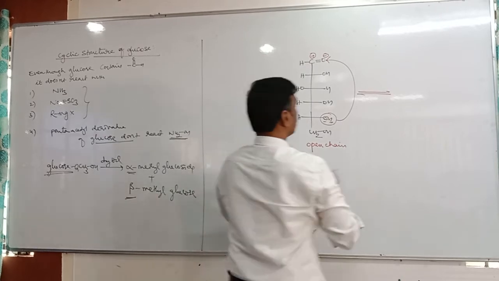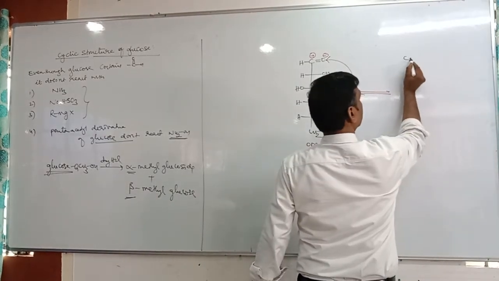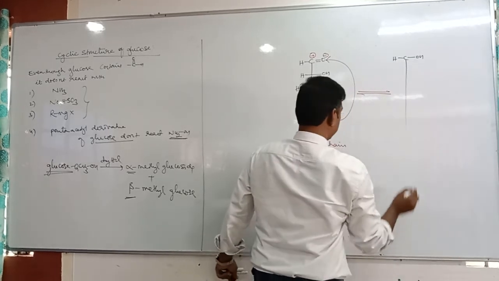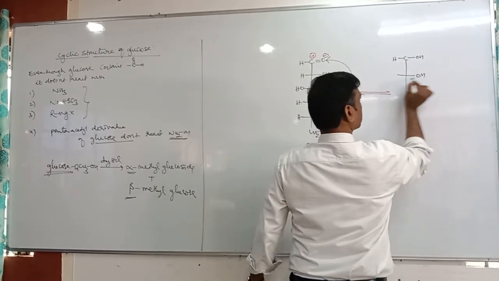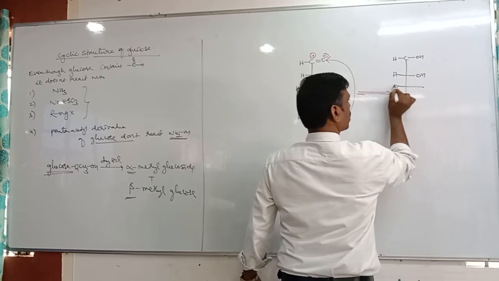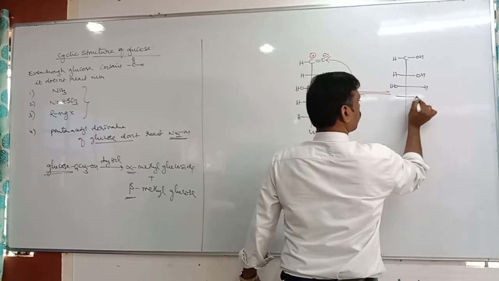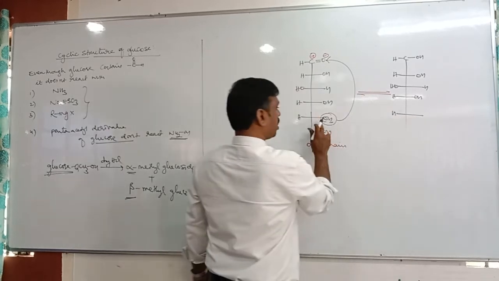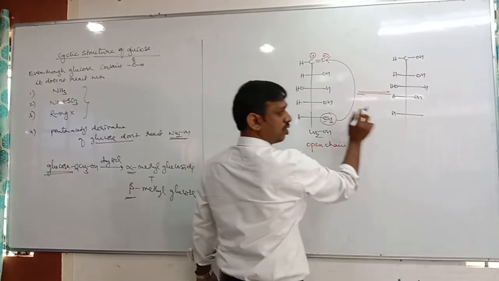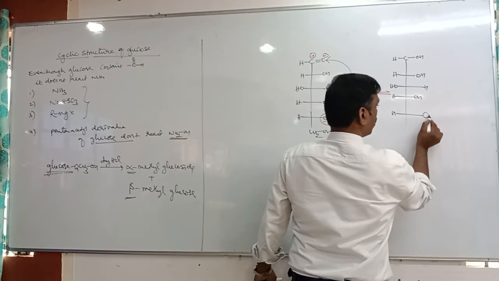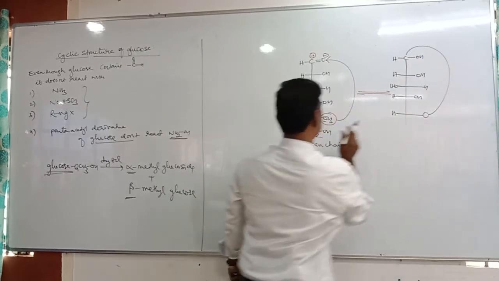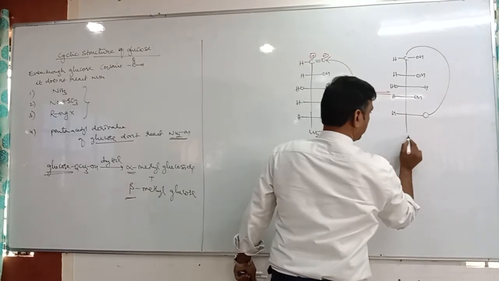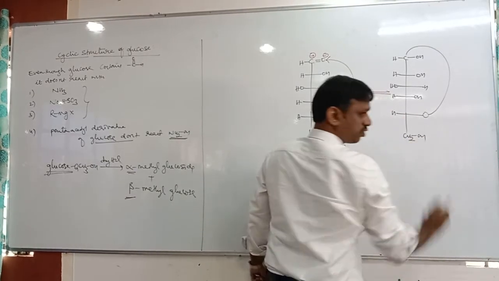O becomes OH. This H will be the same, and the remaining are the same: second carbon, third carbon, fourth carbon, fifth carbon. The H is shifted, so what is left here? Only O. This O forms the bond here, and the sixth carbon is similarly CH2OH.